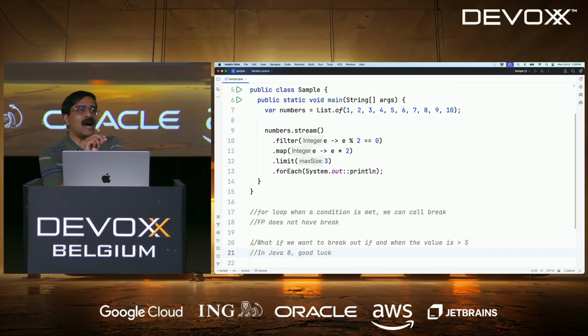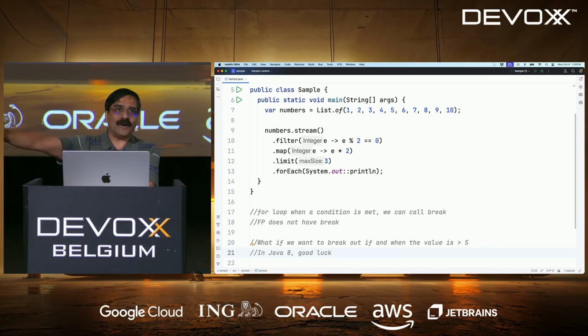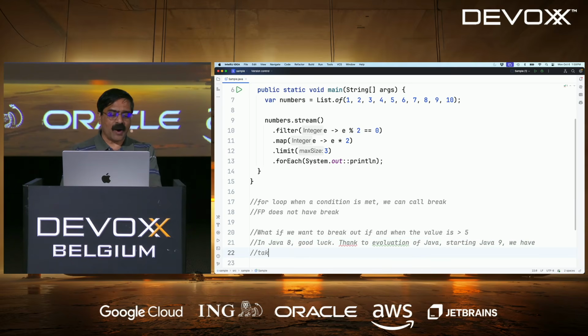So if this was Java 8, how would you have solved that problem? The short answer is to create the entire solution and then loop through it again and take the values you want and discard the rest. Not very efficient, as you can tell. But thanks to evolution of Java, starting Java 9, we have this thing called takeWhile. So takeWhile is a very helpful function.